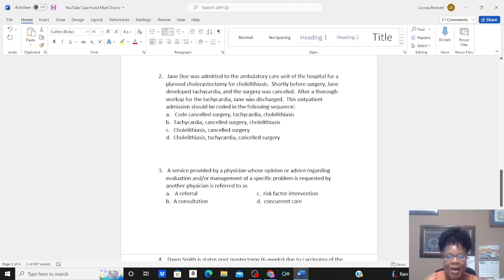Whatever justified admission of the patient to the hospital, even if it is canceled after she comes in, is still the principal diagnosis. So in this case, she was admitted for cholelithiasis. She developed tachycardia, which caused the surgery to be canceled. So D is your answer.